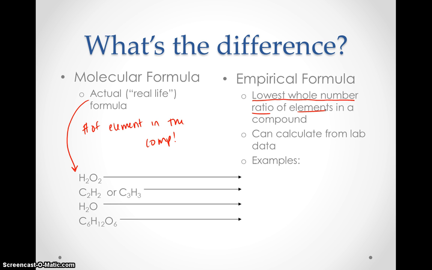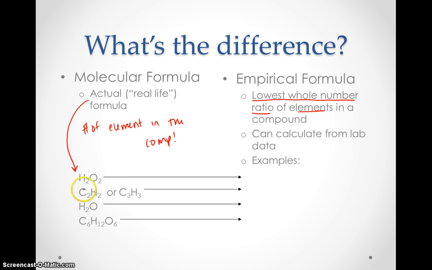So let's look at a couple of examples. If I look at this first guy here, H2O2, what that molecular formula is telling me is that this compound has two H's and two O's. So that is the real life formula for hydrogen peroxide. If I wanted to take it to an empirical formula, I want to look at this compound and see if I can reduce it down at all.